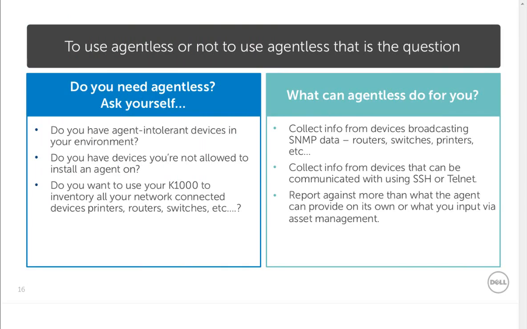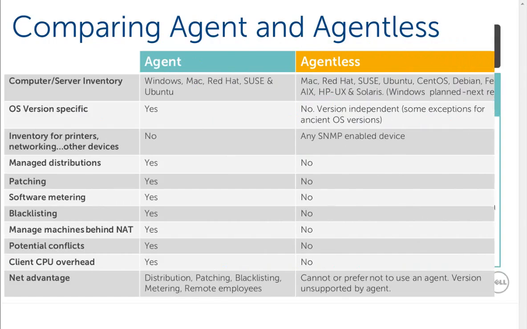I'll jump right into a demo in a second, but I want to take a minute to cover one of the most frequently asked questions: why and when to use Agentless. If you review the Agentless advantages, there's no deployment of an agent necessary, and engineers and admins were reluctant to put agents on their boxes because of potential conflicts, security policies, and other reasons.